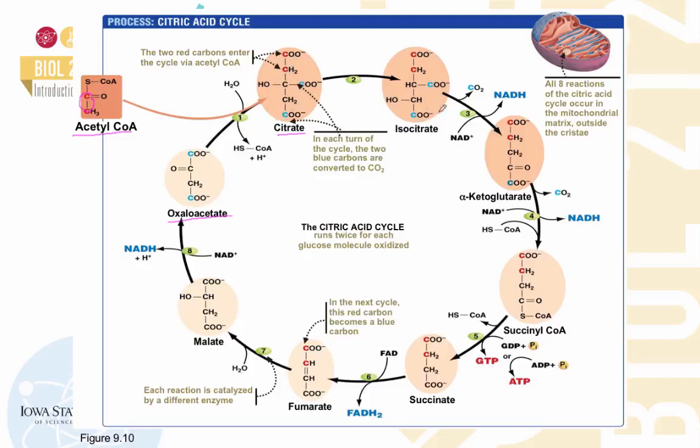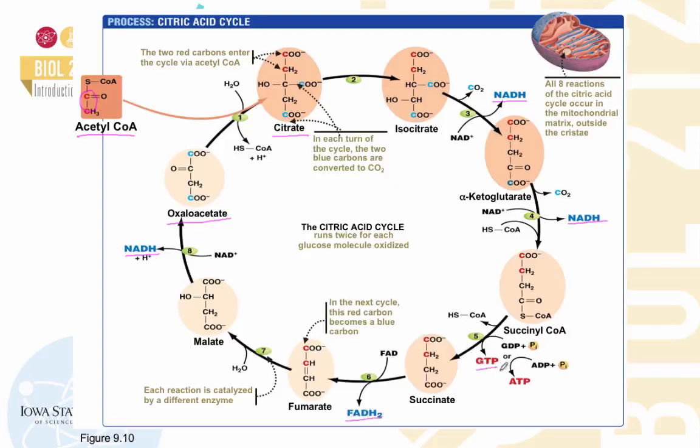The citric acid cycle completes glucose oxidation. The energy released by the oxidation of one acetyl coenzyme A molecule is used to produce three NADH molecules, one FADH2 molecule, and one GTP molecule.